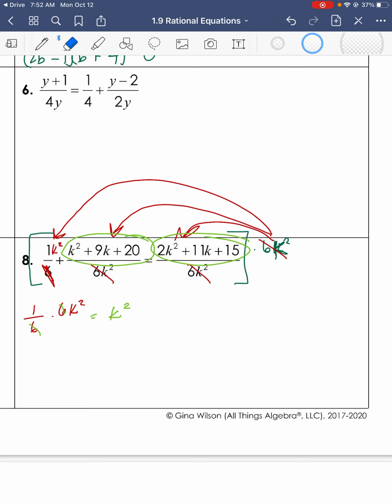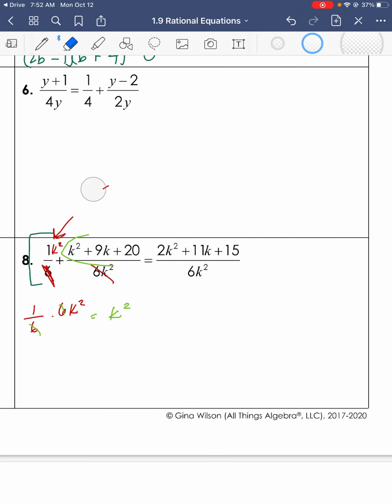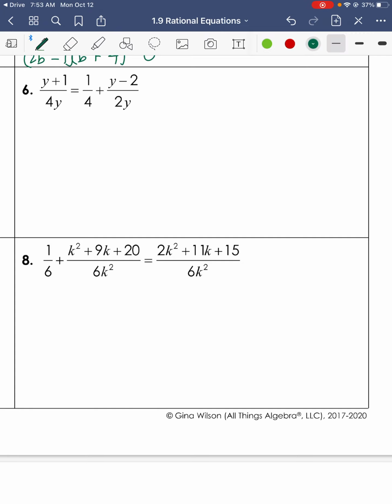So that's what's going to happen here. Let me erase all of this junk going on, and then we'll see our new equation. Let me write it out for you, just in case that was a little confusing.